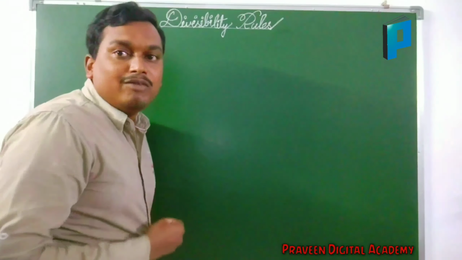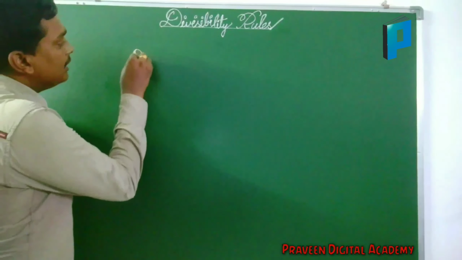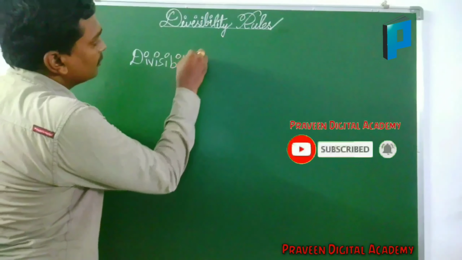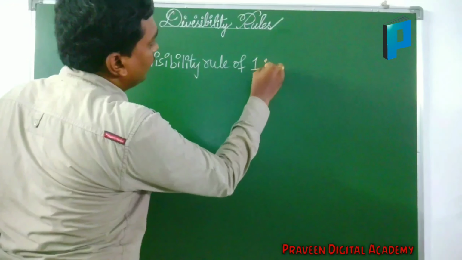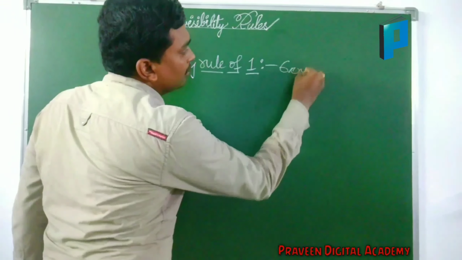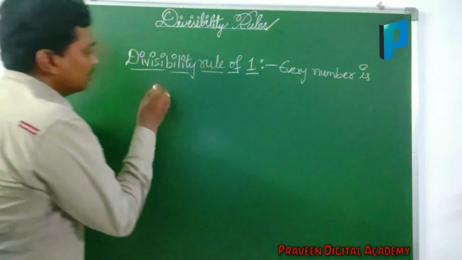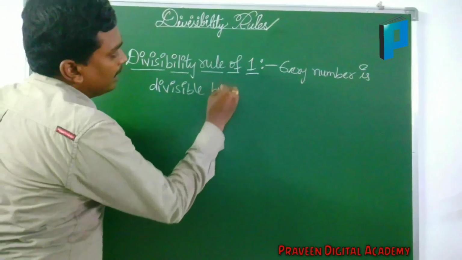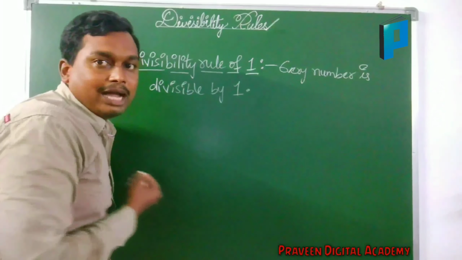First of all, we will go to the divisibility rule of 1. Here every number is divisible by 1.